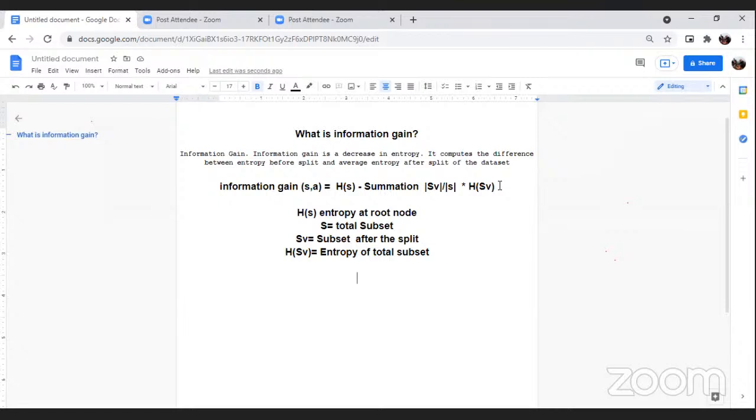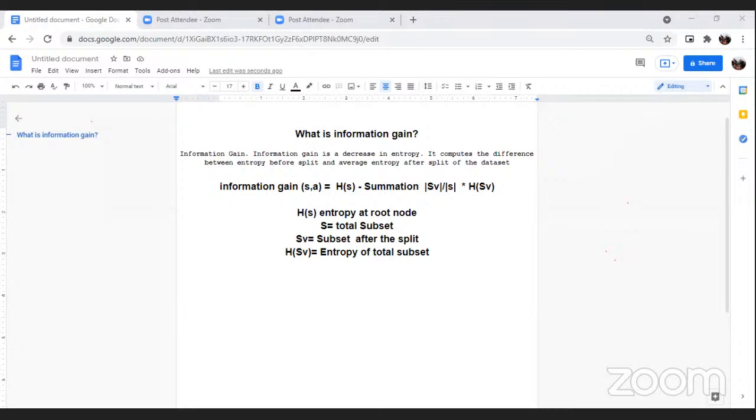All right, I'll wait for a while until you have a screenshot of this formula. So as I was talking about the relationship between entropy and information gain, it is inversely proportional.